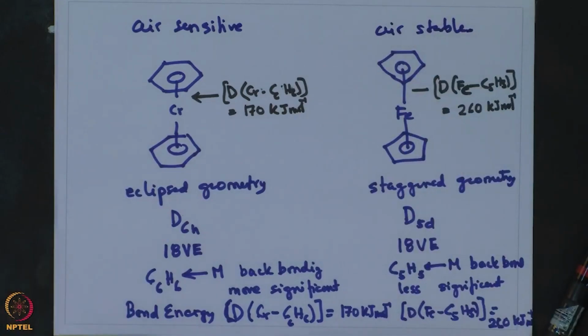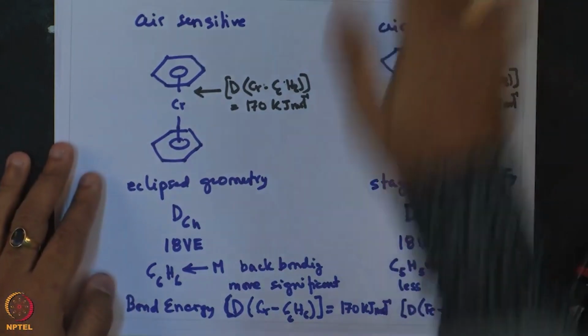So, we had made a sharp compare and contrast between one representative example of bis arene complexes in the form of this 18 electron bis benzene chromium with that of another 18 electron bis cyclopentadienyl iron complex, and what we found is that there are certain similarities for them as well as certain differences.